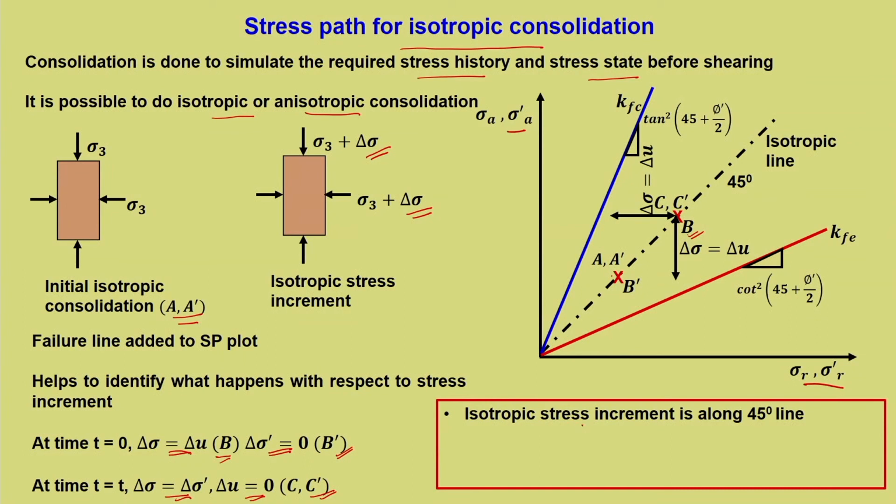So, isotropic stress increment is along the 45 degrees line, as is visible. Now, this is another important point which we have to keep in mind. We know this, but in the form of stress path we need to understand this.